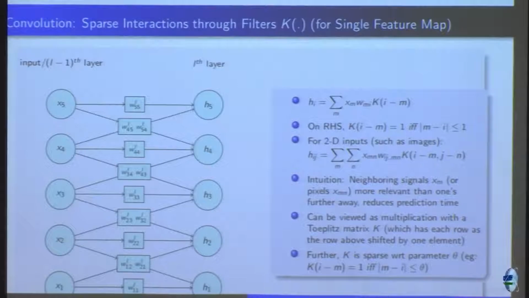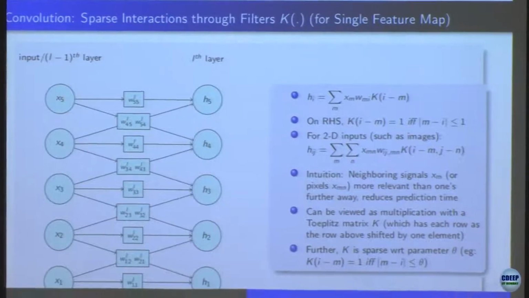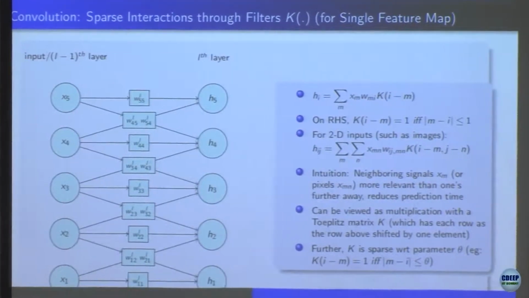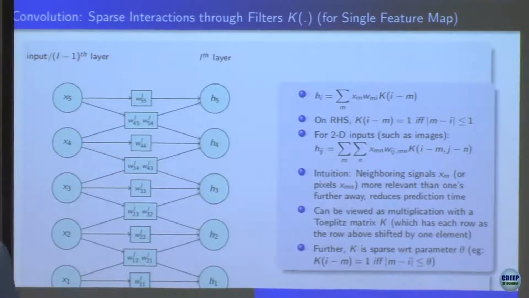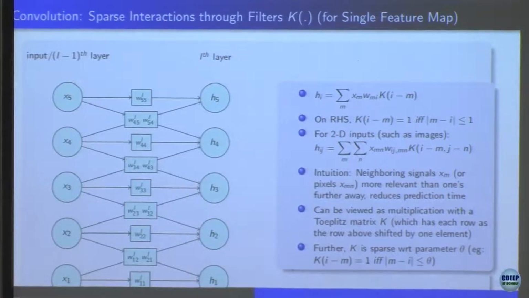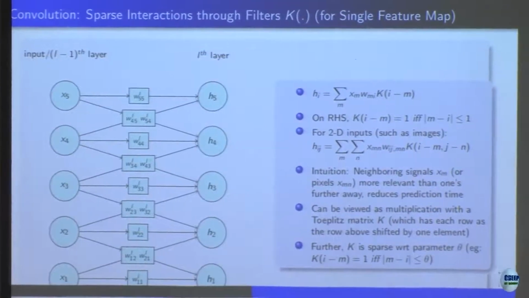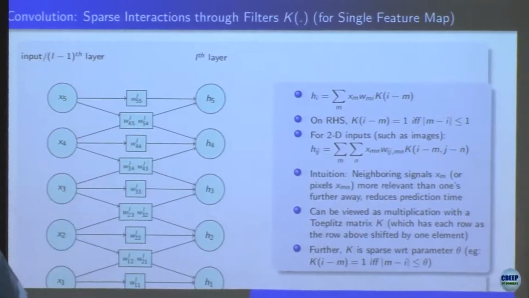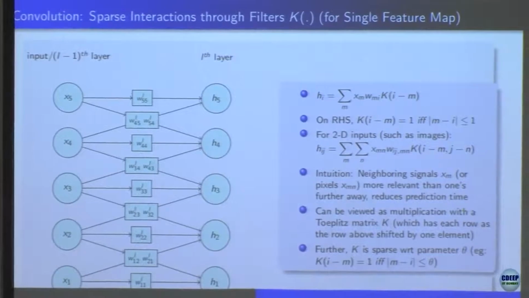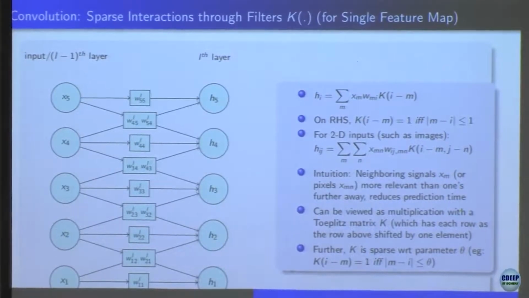So I showed this in a one-dimensional case, and then in the text we generalize it to multiple dimensions. So patch idea is sparse interactions, neighboring signals are always more relevant than ones that are further away. That is the first patch, local connections. And therefore you started indexing weights not using x comma y, but using say x minus y, in this case I minus m, that was the index, right.